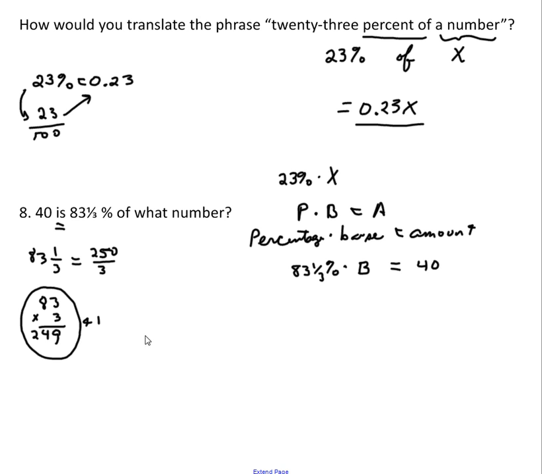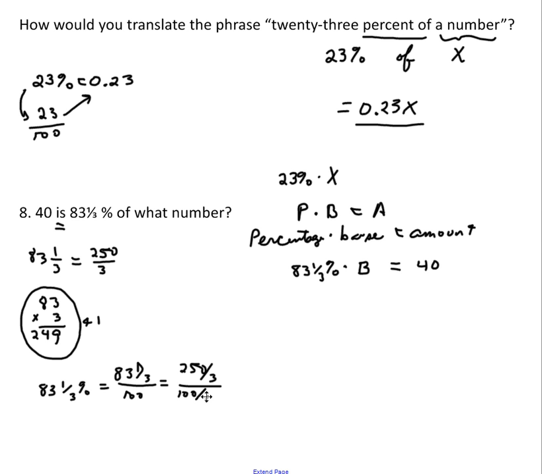Now, remember, when we talk about a percentage, we said a percentage was basically a number divided by 100. So when we say 83 1/3%, we mean 83 1/3 over 100. Only we're not going to deal with it as 83 over 1/3 over 100. We're going to deal with it as 250 over 3 divided by 100. But since the numerator is written as a fraction, let's write the denominator as a fraction.